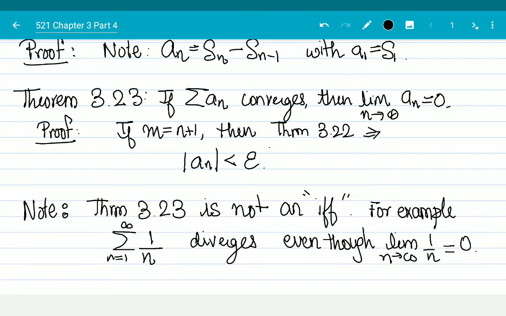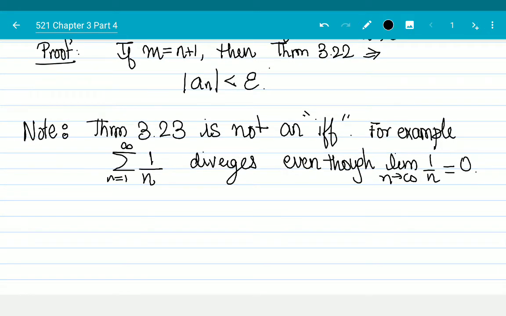We won't prove it right now, we'll prove it slightly later. It's a relatively simple proof, but for now, we're going to just state it.